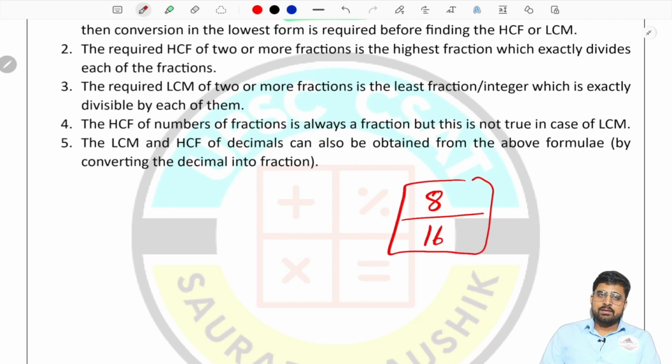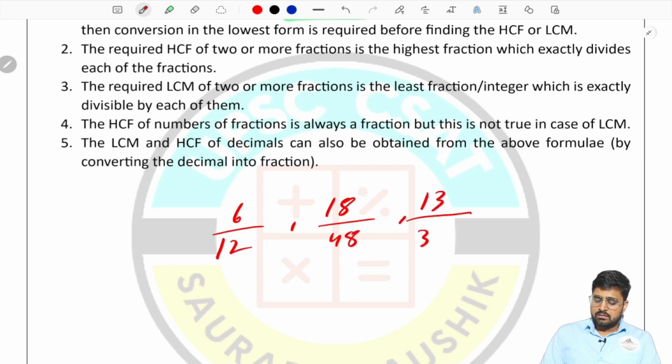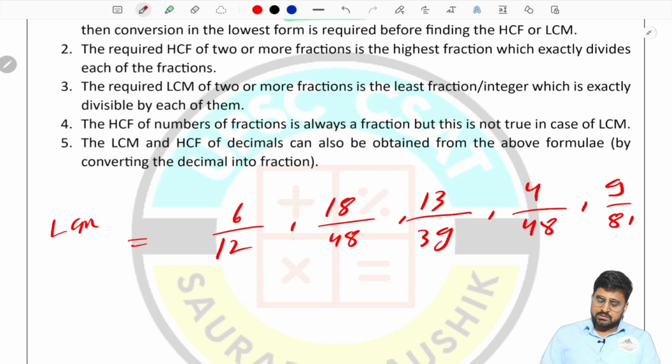No need to solve this. For example, there are some numbers: 6 by 12, 18 by 48, 13 by 39, 4 by 48, 9 by 81. And you have to find the LCM of these fractions.